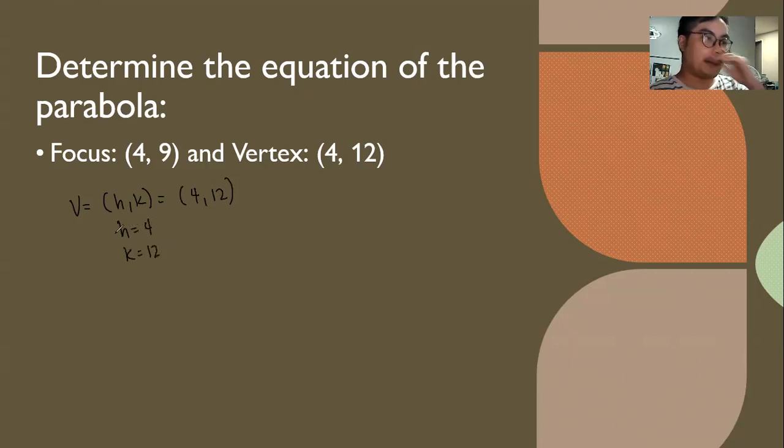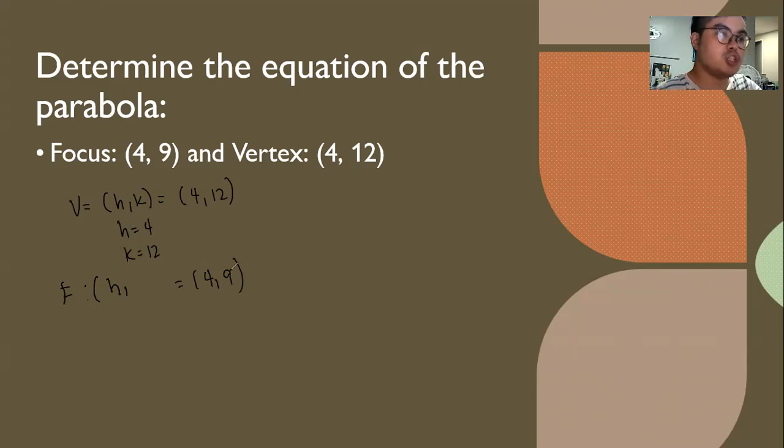Since we have the same x in the focus and vertex, our focus is equal to (4, 9). So we can safely tell that h is 4.